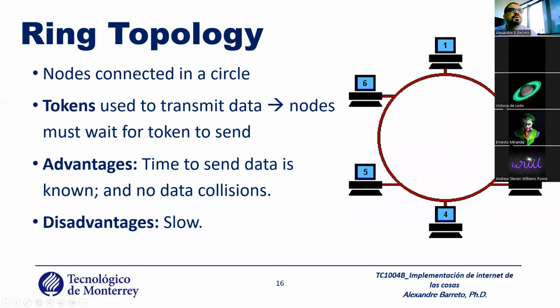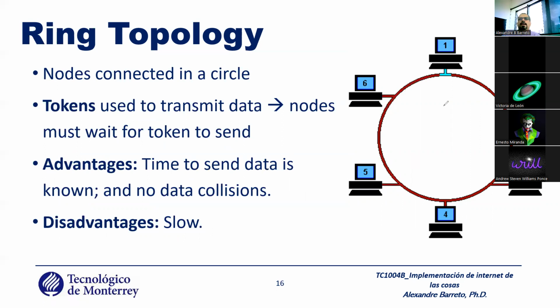Another type of network is the ring topology. The ring is a little different. You have a ring where everybody is connected, and you have a token. You can talk only if you have the token. If you don't have the token, you cannot talk.